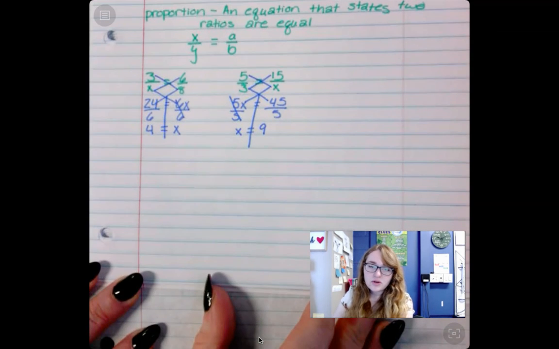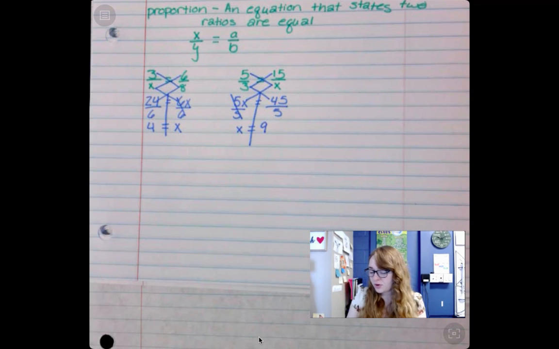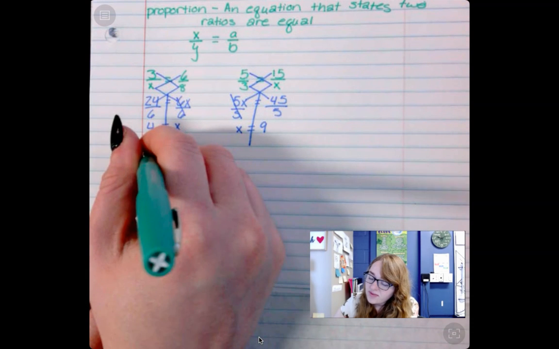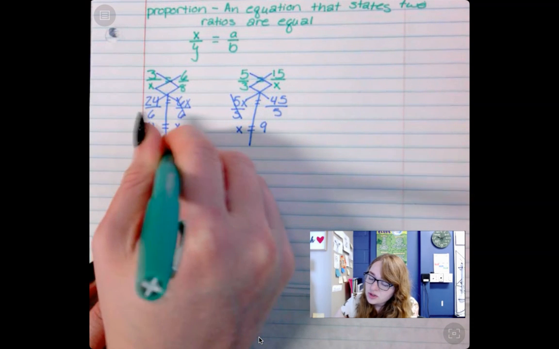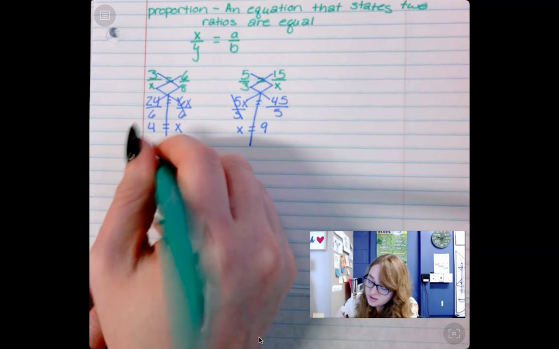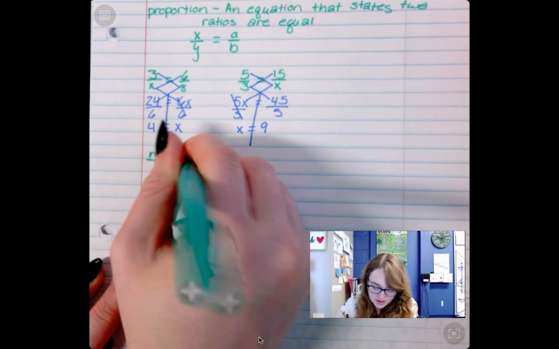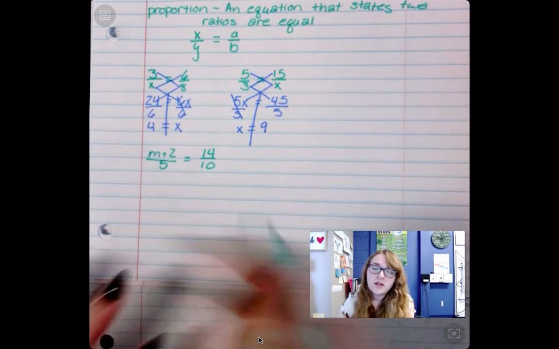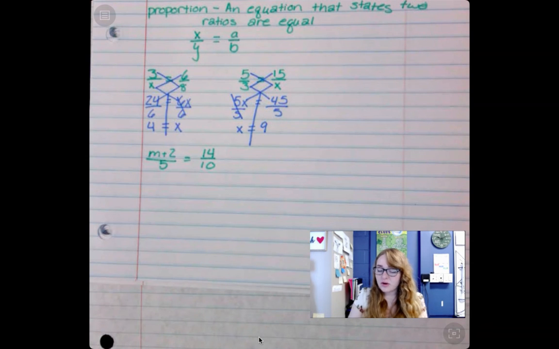Now we can also have a proportion where it's not just a single variable, but an expression. Let's do an example of that. We have the expression m plus 2 to 5 is equal to 14 to 10. We're going to cross multiply once again.